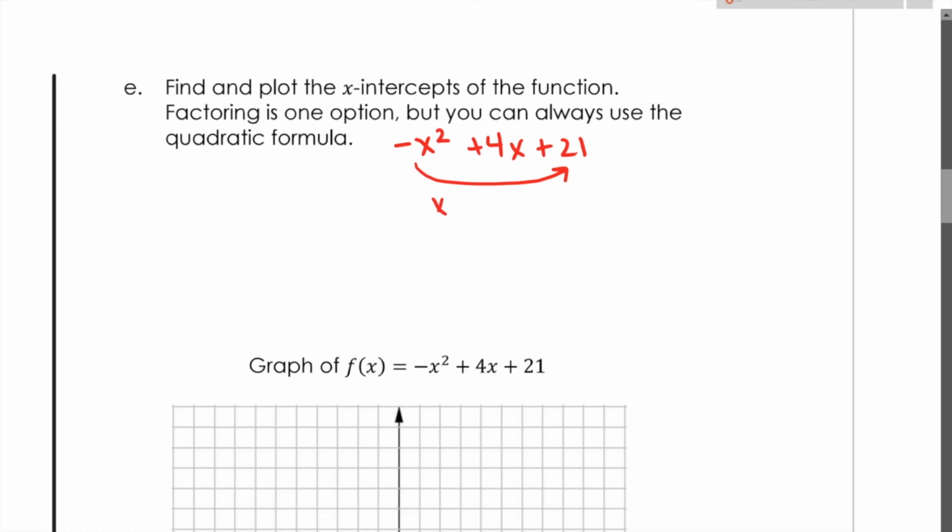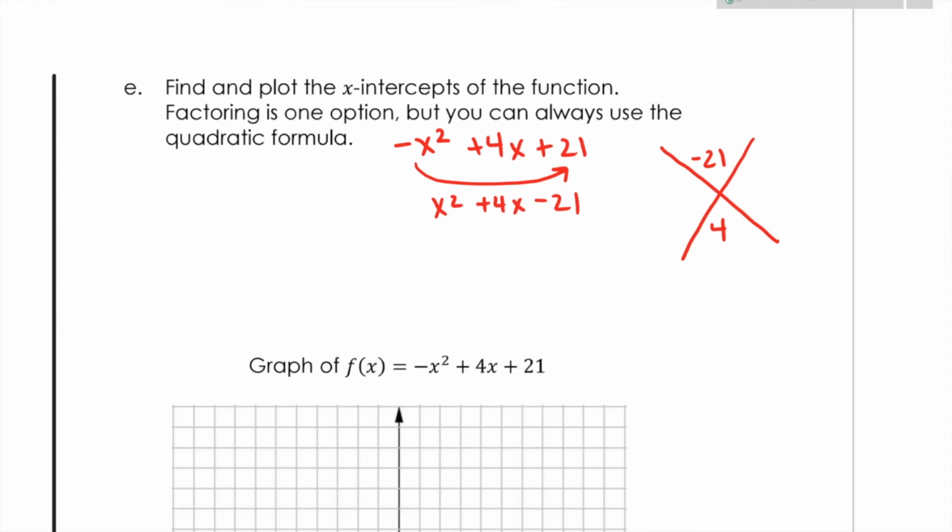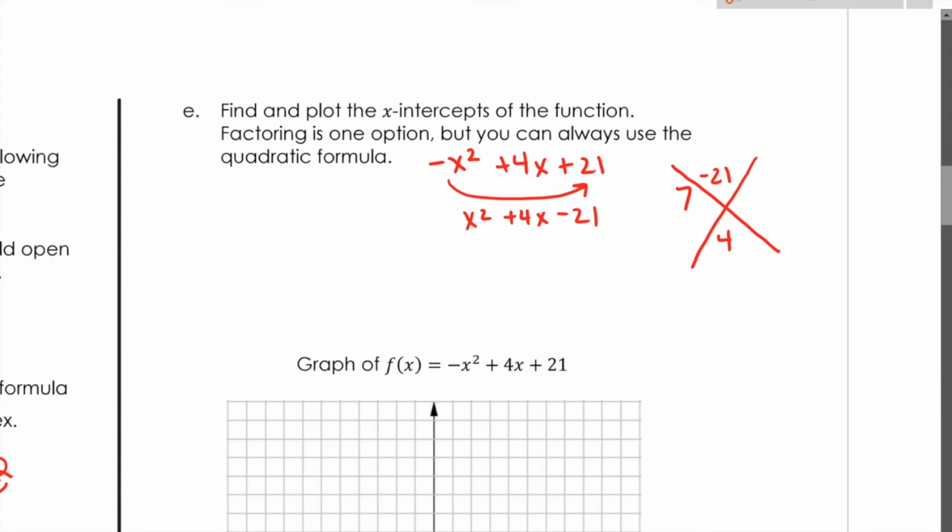So I have x squared plus 4x minus 21. Now I can go ahead and use my x method. So I put -21 here and 4 here. What times what gives you 21? 7 times 3, 7, 14, 21. Okay, 7 and 3.